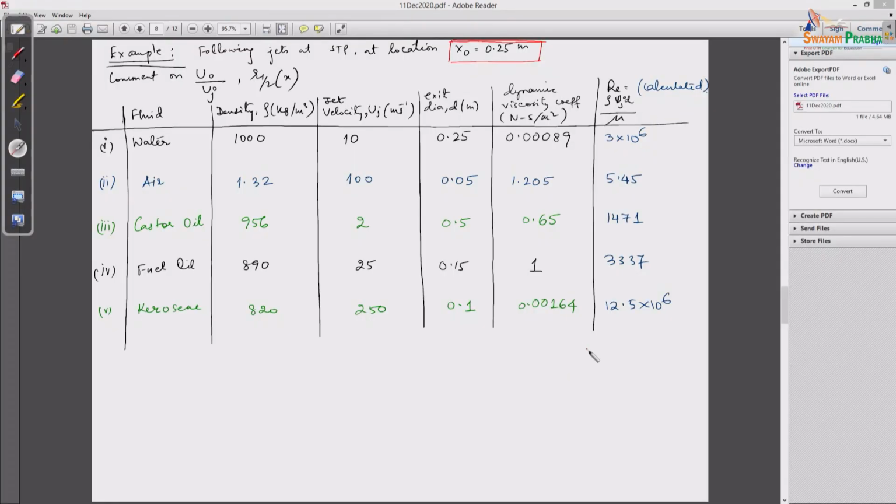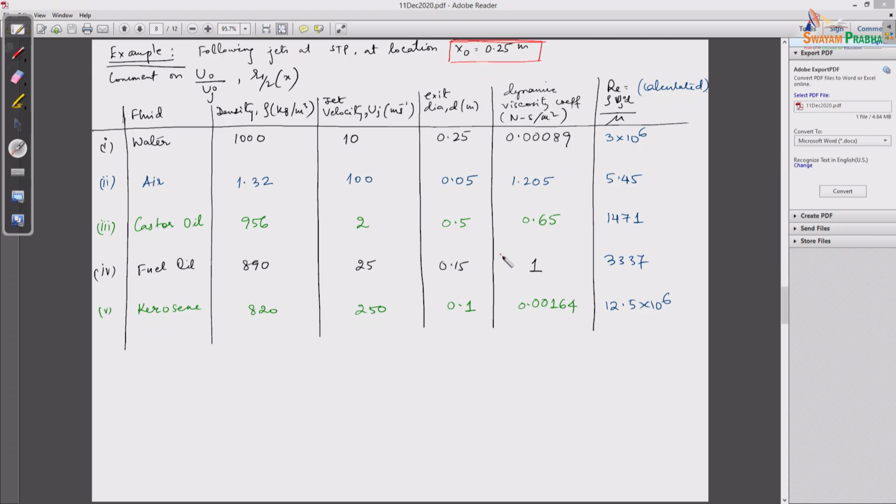So hi, welcome back. We had started doing this example using several jets. This is something that we had drawn up of 5 jets of different fluids, which have different properties.